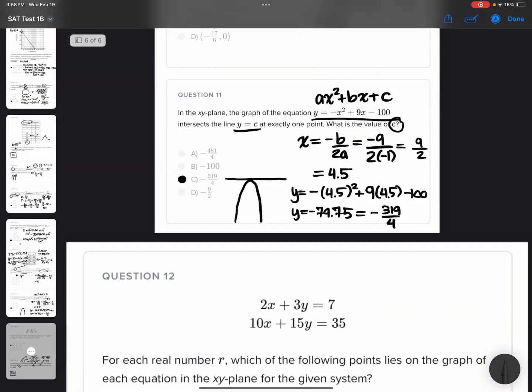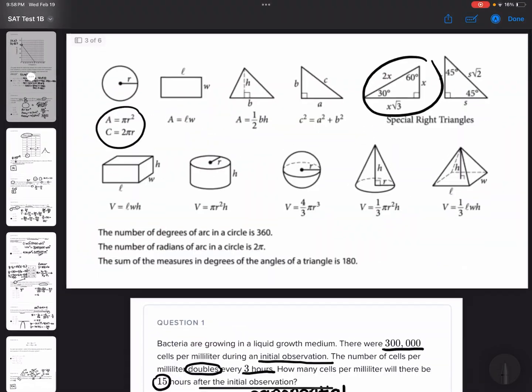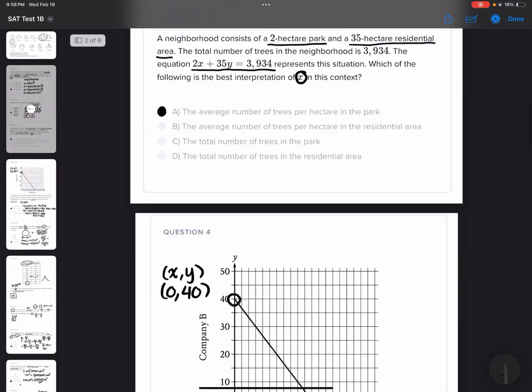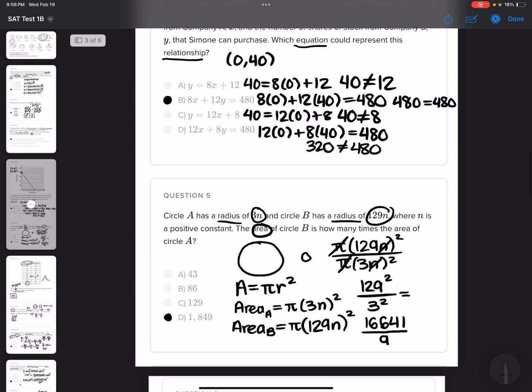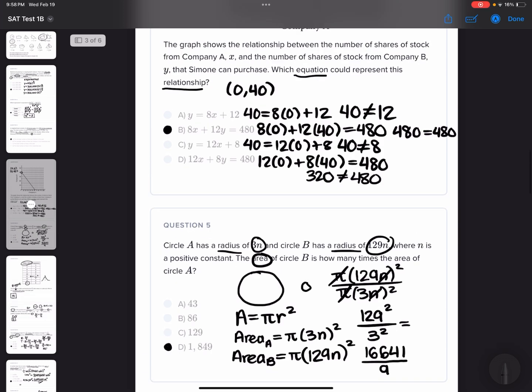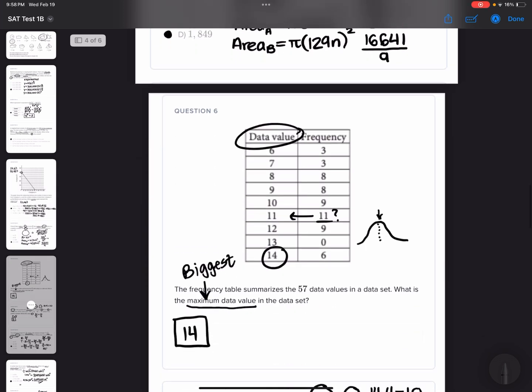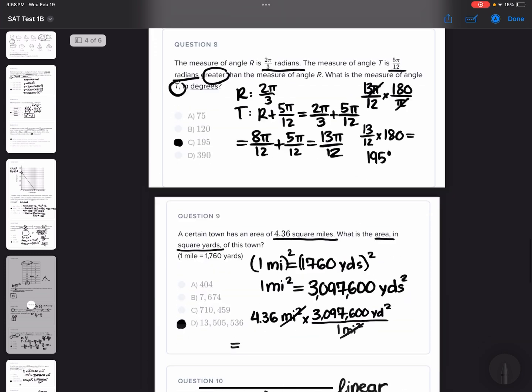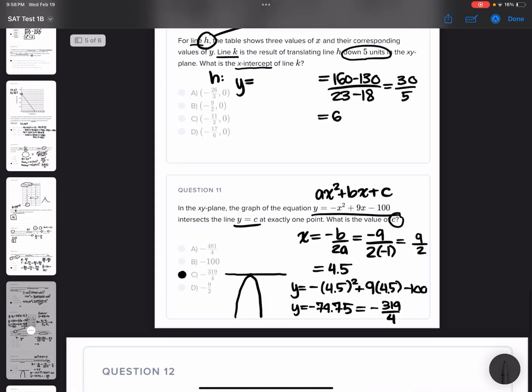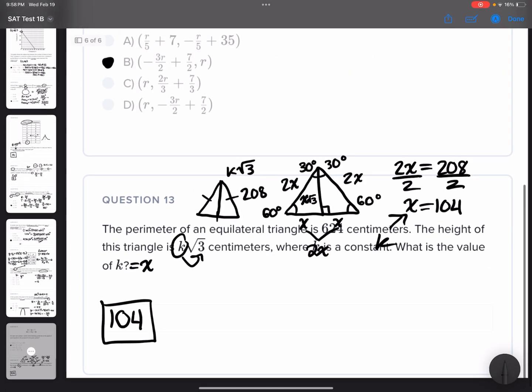This is exactly how to score a perfect score on your module 2 of the math section, or at least in this practice test. But if you can apply these concepts and remember my thought process and rationale behind everything, you should be able to get a few more questions right when you return and take another module 2, section 2 of the math SAT.